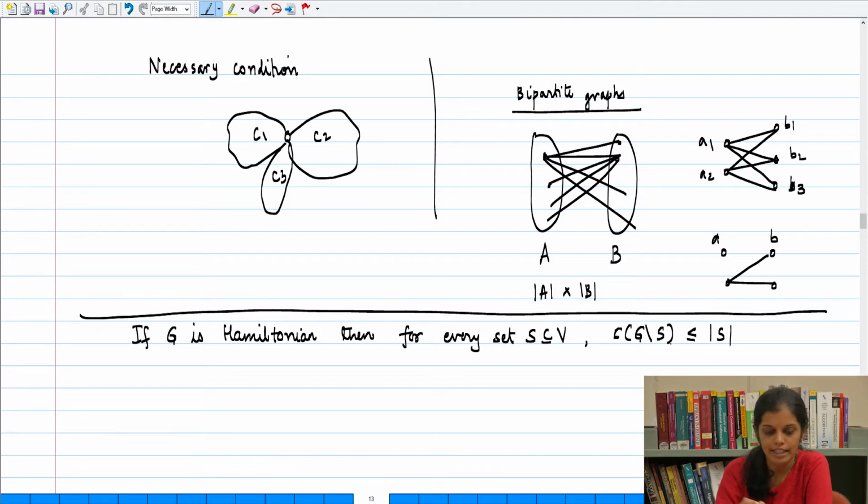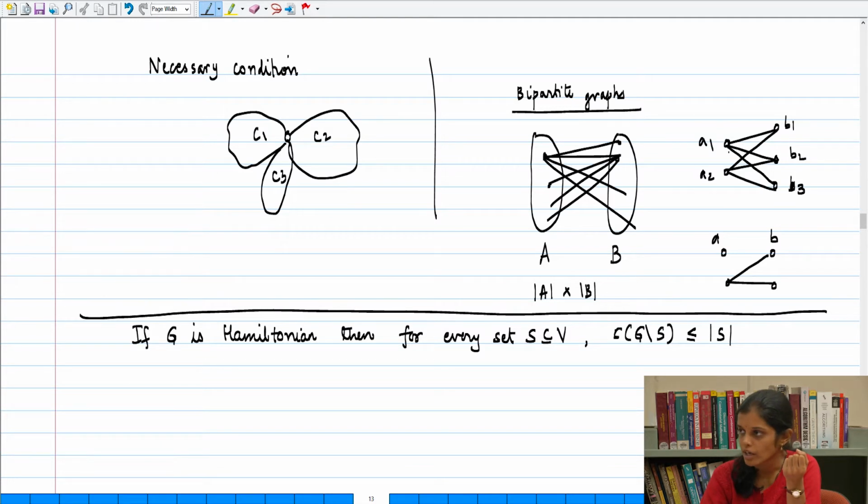So let us apply it in the first example. What it is saying is, if you remove one vertex, then the number of components that you get should be less than or equal to 1. That is, if you disconnect the graph, or if you even create two components, you can never hope to have a Hamiltonian cycle. This is what we intuitively agreed to begin with. What does it say here again in the bipartite graph?